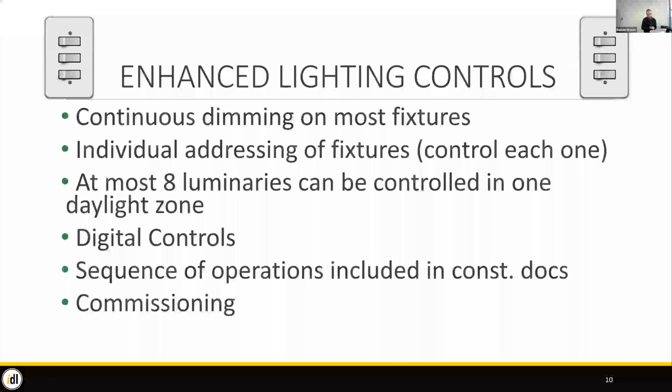But if you look through the lighting sections in the code, it's pretty long, it's pretty intense, it's a lot of calculations, depends on like window overhangs and everything like that. And it can be a headache to design it all. So one way of kind of getting around some of those controls is to just use luminaire level lighting controls, where every single one is smart. It's on its own power over Ethernet network.